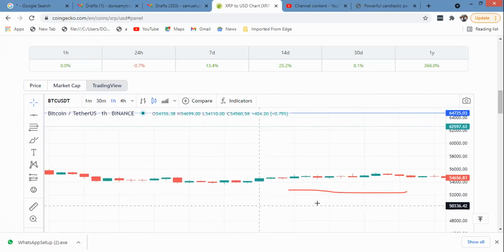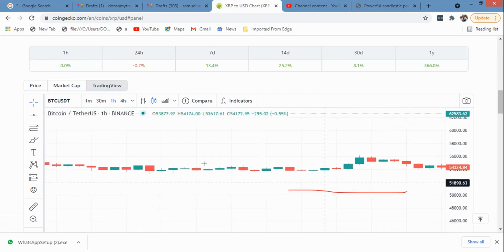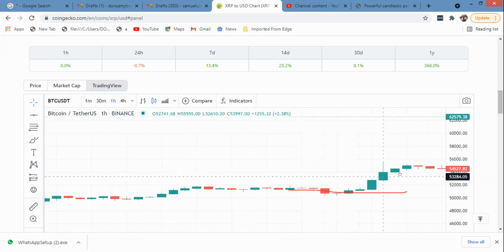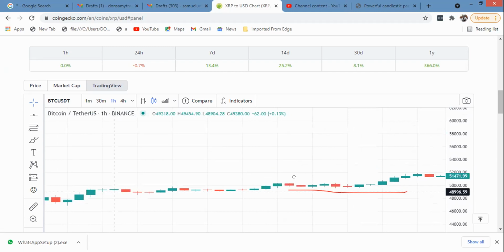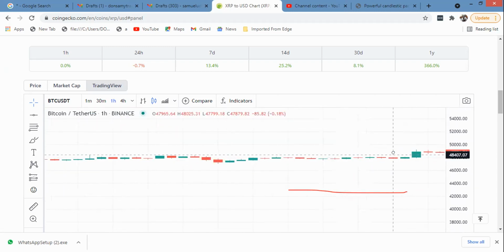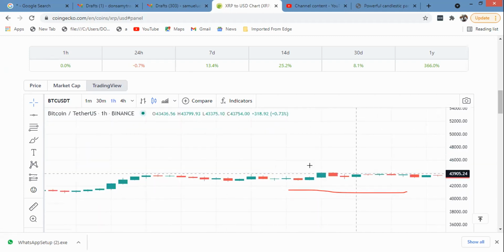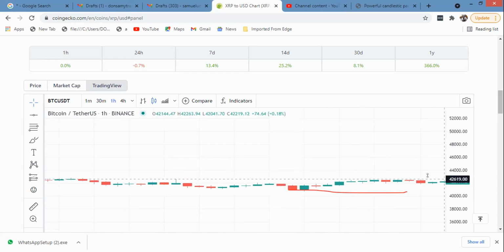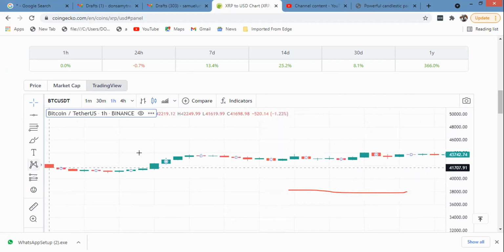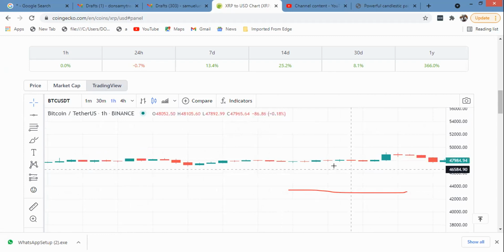Oh, this guy is not painting. It's not painting good red. I'm trying to look for a good red print that would show us. Okay, let's manage the one we have. I'm seeing good.